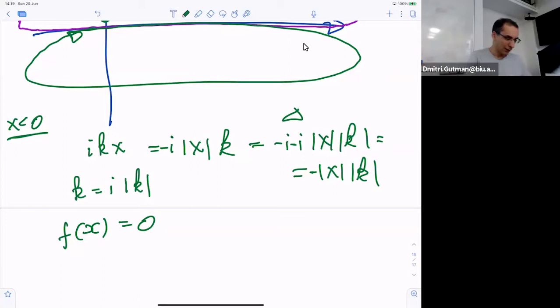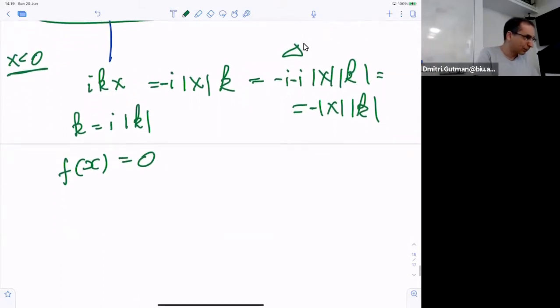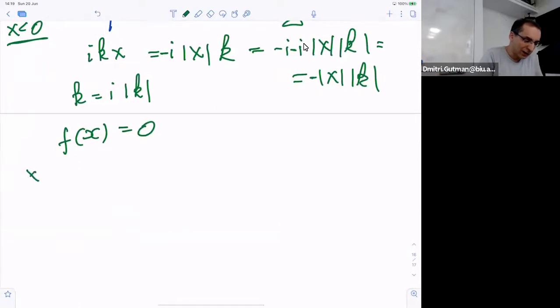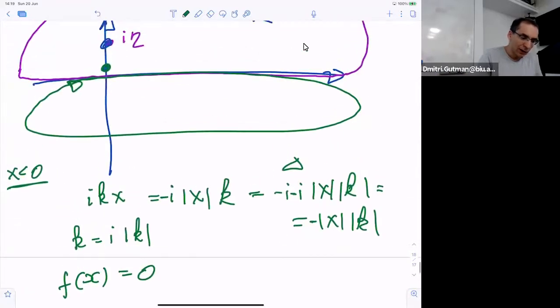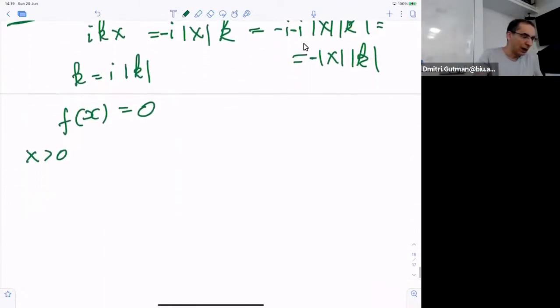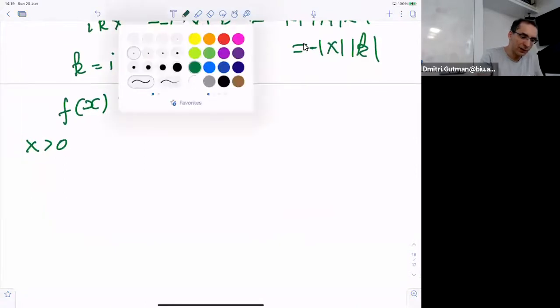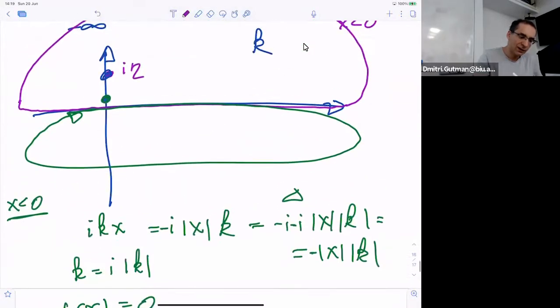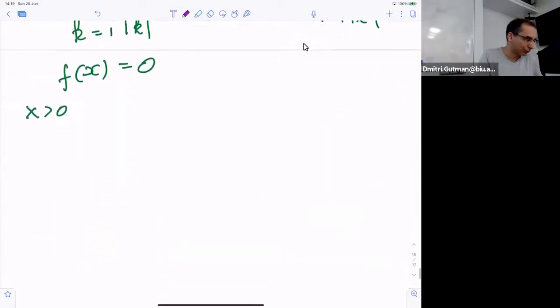And for x greater than 0, I'm now using the purple loop. And okay, now I have two poles here, k equals 0 and i eta.